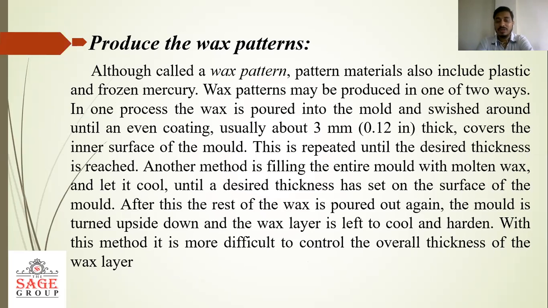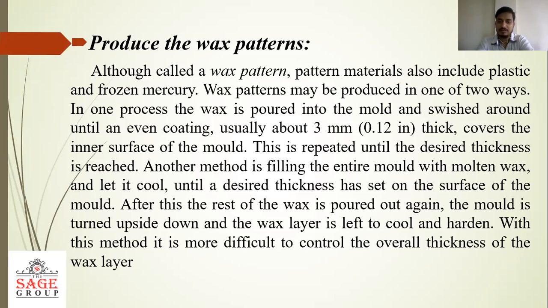Next one is produce a wax pattern. The wax pattern material may also include plastic or frozen mercury. A wax pattern may be produced in one of two ways. In one process, the wax is poured into the mold and twisted around until an even coating, usually about 3 mm thick, covers the inner surface of the mold. This is repeated until the desired thickness is reached.